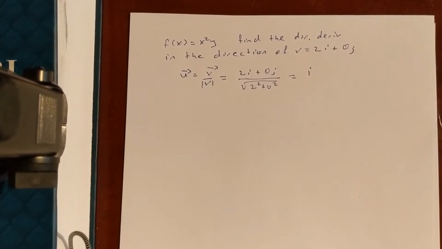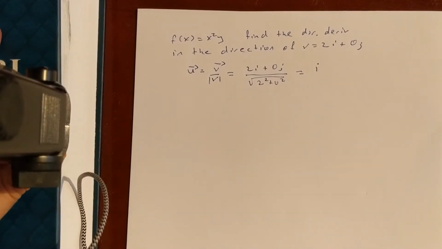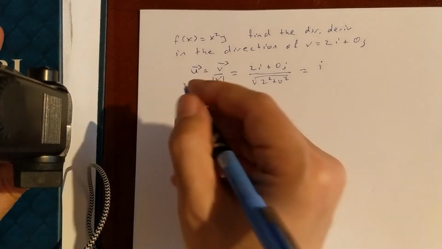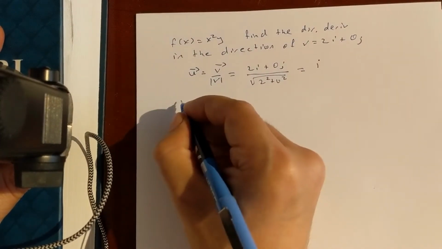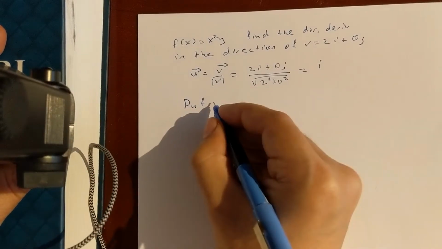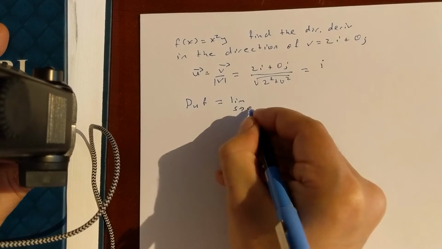So if we're talking about the directional derivative of f in the direction of u, let's plug it in. We need to take the limit as s goes to 0.